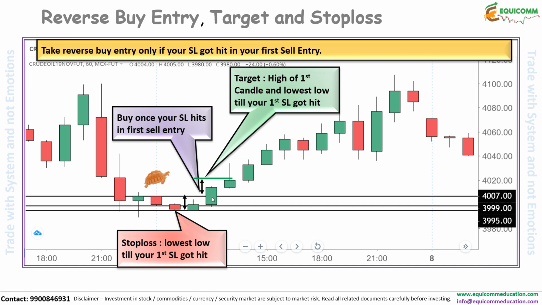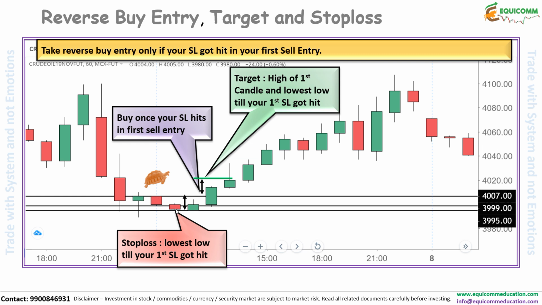And I have to get into the buy with two lots. So I am buying with two lots here. What is my stop loss in this case? At what rate have I entered? 4008. From your entry price and the first red candle, between these two, whichever is the lowest low will be your stop loss.